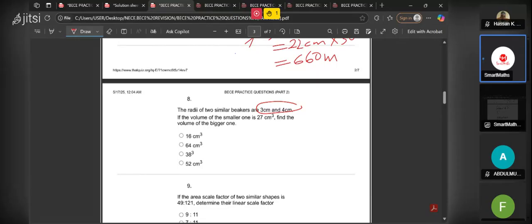Now, this is 3 over 4, which must be equal to the volume, 27. We don't know the volume of the bigger one. Let's say it is x. But this 3 over 4 is not the same thing as this one because this is linear. So how do we make it volume? By cubing.